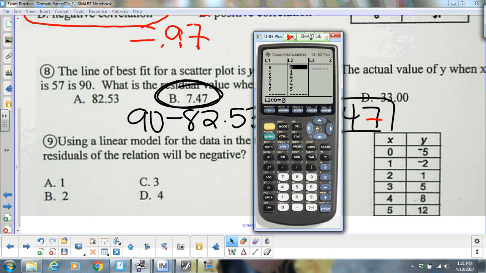And then over here it's going to be -5, -2, 1, 5, 8, and 12. Okay, so stat calc 4, enter.